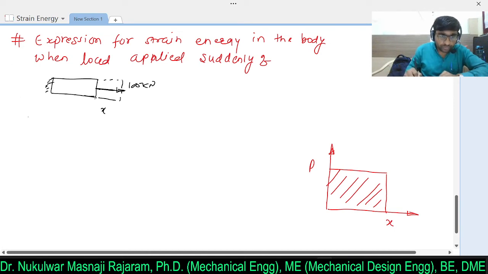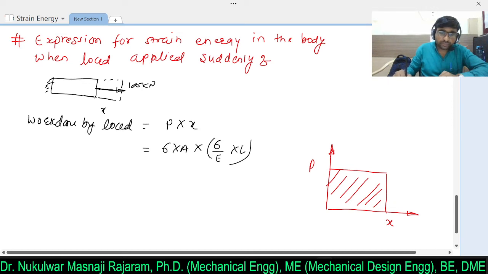And from that we need to evaluate work done by the load. So I will write work done by load, that is nothing but p into x. So area under this curve. Simple. So instead of p, I will write sigma into a, and instead of x I will write sigma by e into l. So same thing I am repeating over here. So this expression will be sigma square divided by e into al. So instead of al I will write v. Clear?